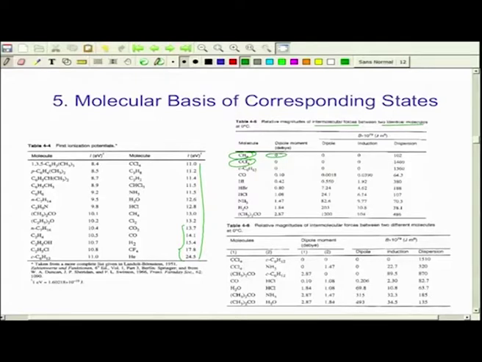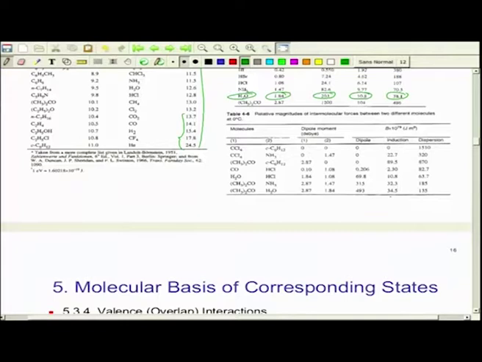They don't have any dipole, but they will have strong dispersion interaction, all in the same units. CCl4 again doesn't have a dipole, but it has strong dispersion, almost 10 times higher than CH4. Consider S2O: it has a dipole moment, so it will have a dipole contribution, and also an induction contribution because it has polarizability, and it has a dispersion interaction. Definitely dipole interaction is much more than the dispersion, but dispersion is also relevant.